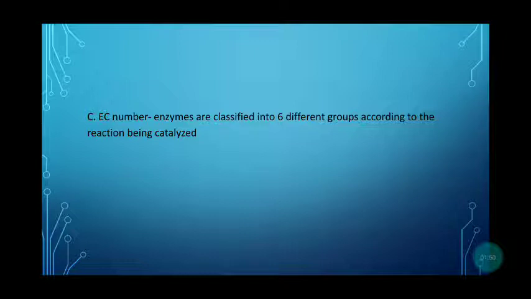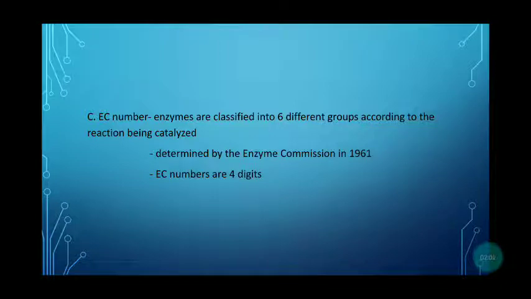The third one is based on their EC number. Enzymes are classified into 6 different groups according to the reaction being catalyzed. The EC number was determined by the Enzyme Commission in 1961. The EC numbers have 4 digits, for example A.B.C.D, where A is the class, B is the subclass, C is the sub-subclass, and D is the sub-sub-subclass.